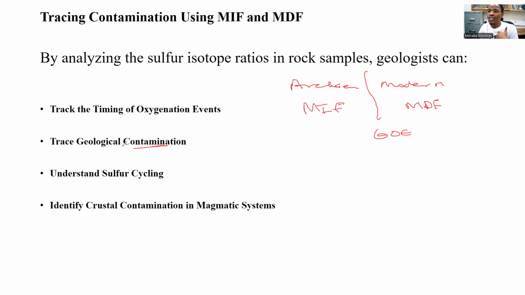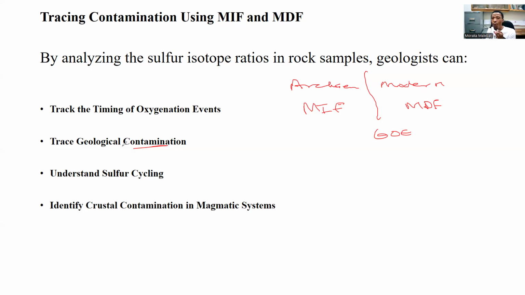It suggests, and remember, we are scientists, we are always suggesting because we are not 100% correct, that the contamination came from older Archean sources that carried sulfur with MIF signals.